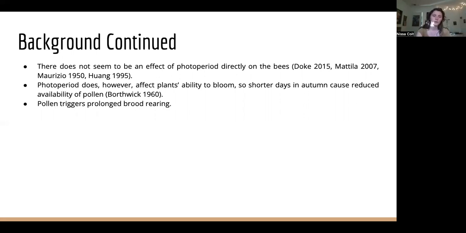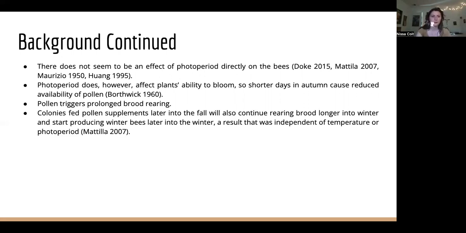So we do know that pollen feeding triggers prolonged brood rearing. If you continue feeding your bees later into the season, they're going to continue producing more and more brood. And this brood rearing actually delays the onset of diutinous bees. So bees that have been fed pollen for longer into the winter are also going to create winter bees later.